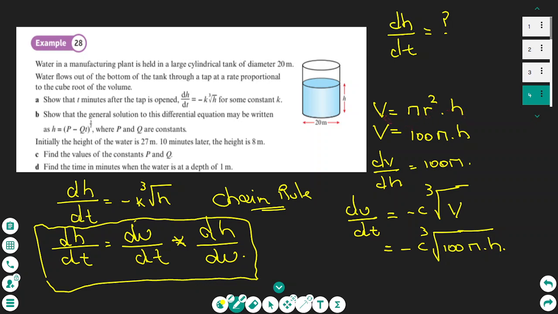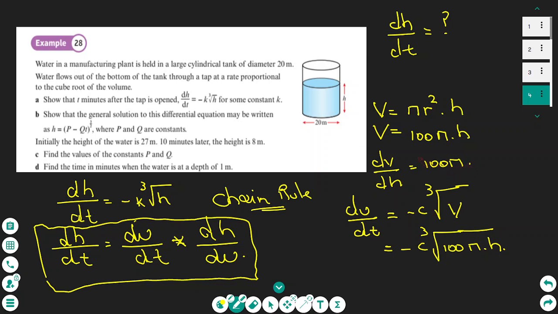So if I differentiate this one, I found dv over dh, and this gives you 100 pi. Because the radius is 10, so 10 squared is 100 pi h, and dv over dh gives you 100 pi, which means dh over dv is the reciprocal, 1 over 100 pi.